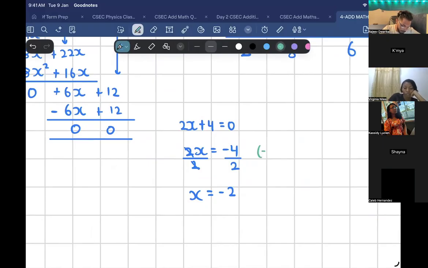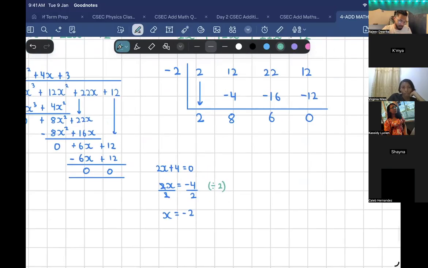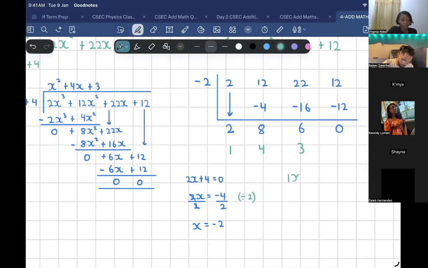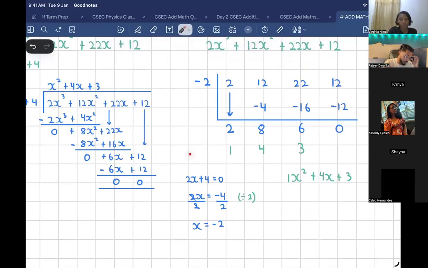So if you divide by 2 there, you'd have to divide by 2 here, and you'll get 1, 4, 3, which is what we got there. The reason you never had to do this before is that the ones you would have done would have been like x plus 3 or x plus 1. This is the first time you're probably dealing with one in this form.